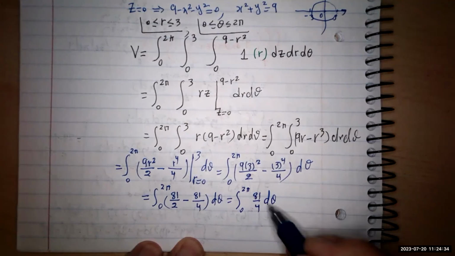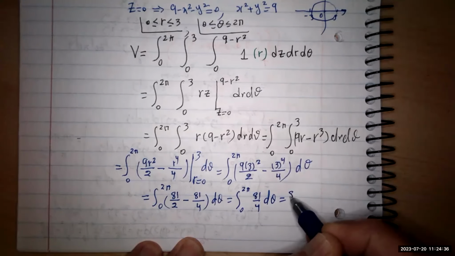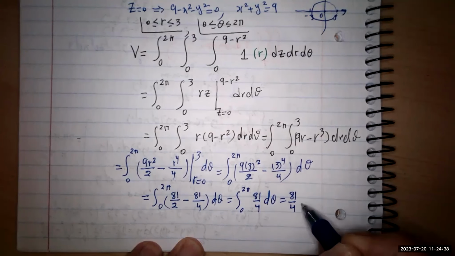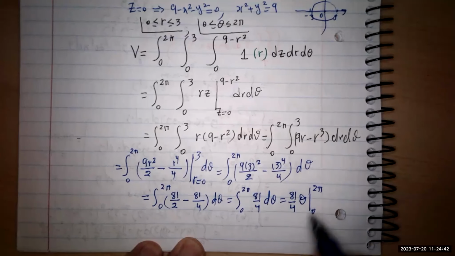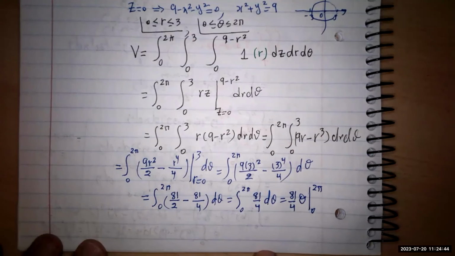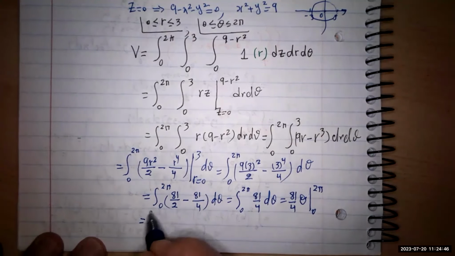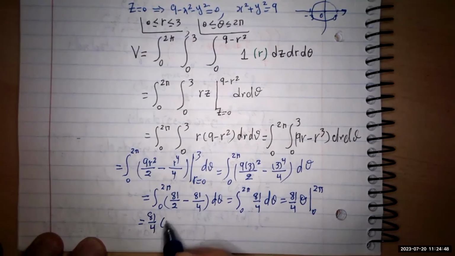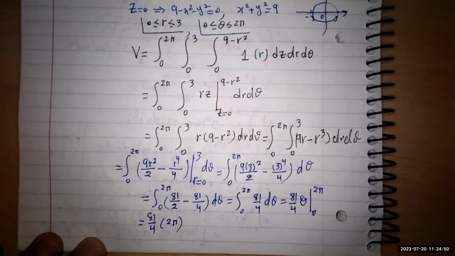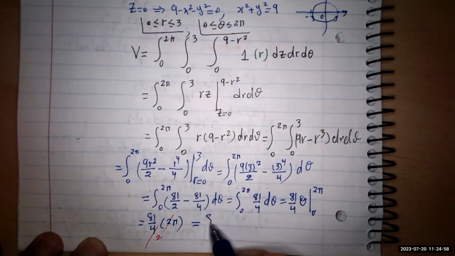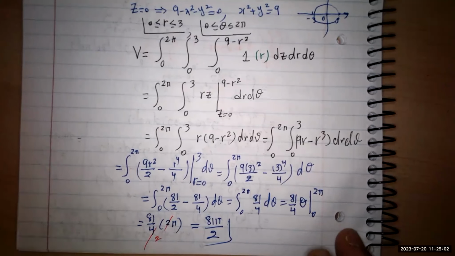You put it out, and the leftover is 81 over 4, theta going from 0 to 2 pi. So it's going to be 81 over 4 times 2 pi. You simplify the 2 and the 4. So the final answer is 81 pi over 2. That would be the volume.